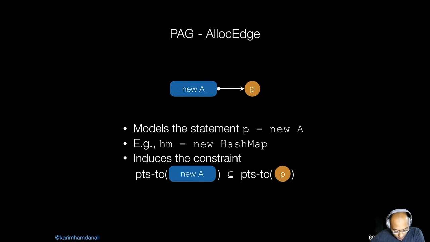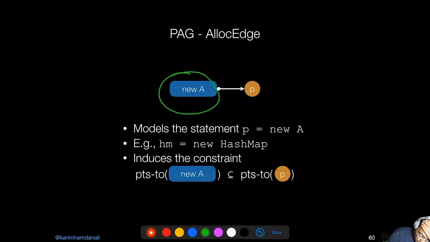Alloc edges also induce constraints. Any edge that we have will generate constraints that will be solved later by our analysis. In this case, this generates the following constraint: the points-to set of new A will propagate, which is the information that we are propagating, to the points-to set of P. And the way this is going to propagate is using the subset relationship.